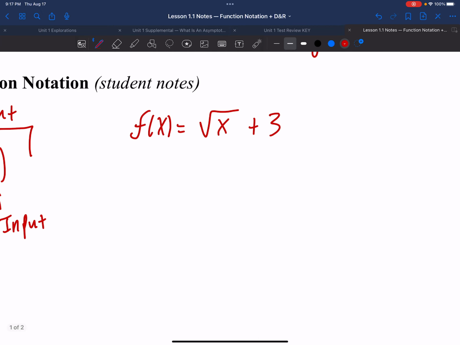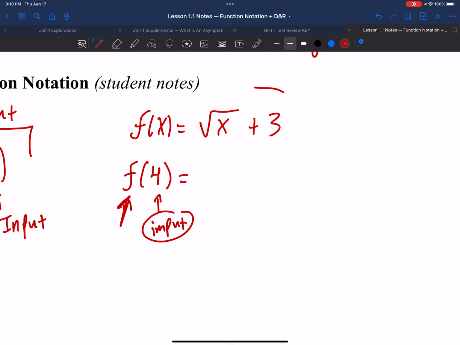So what does it mean to evaluate f of 4? What does that mean? Well, x is the input. f is that function, but the 4 is the input. What am I inputting? I'm inputting 4, but into what? Into f.